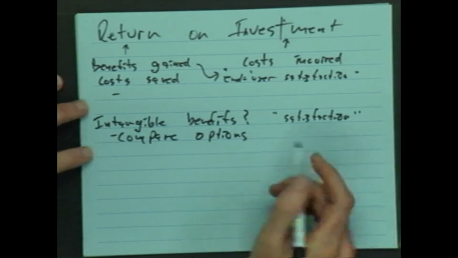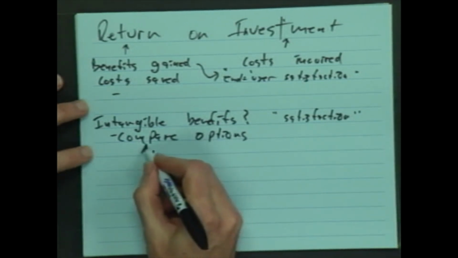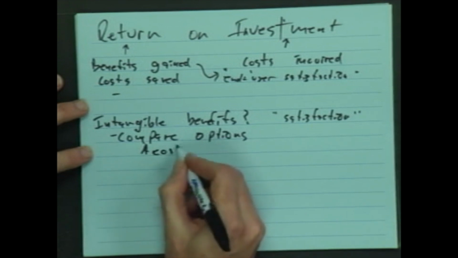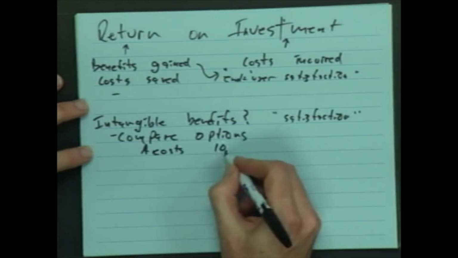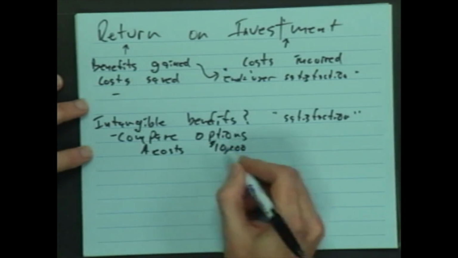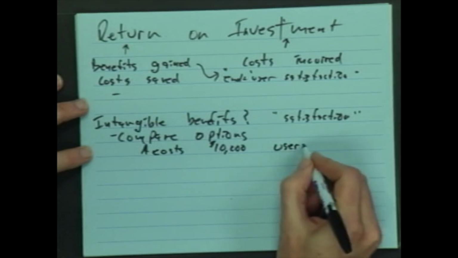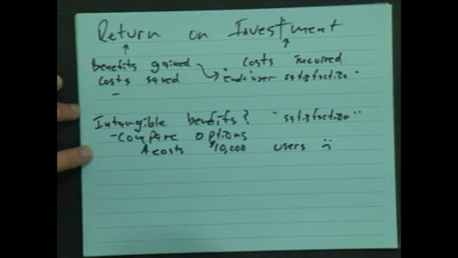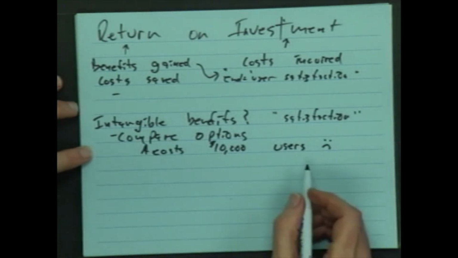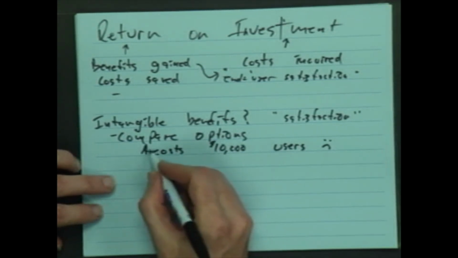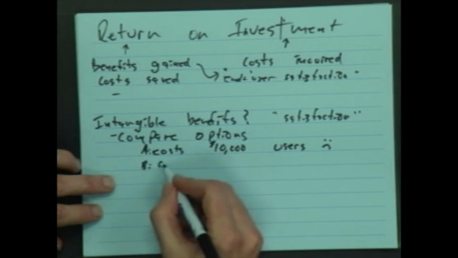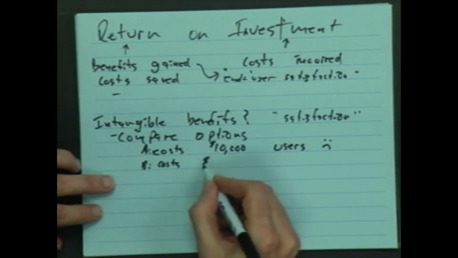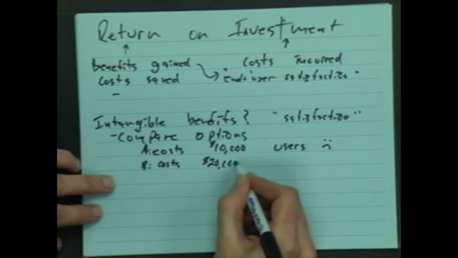So you're going to say, option A costs, I don't know, $10,000. Users are frowny face. This would make a great PowerPoint slide, right? You're not going to put a frowny face on your slide, though. So A costs that, and B costs $20,000.